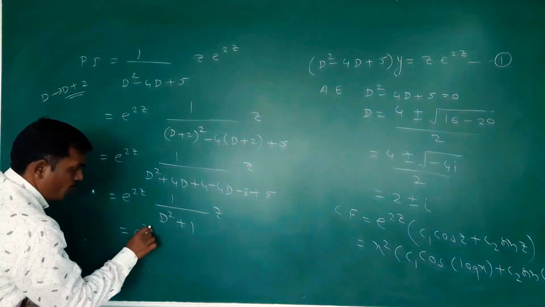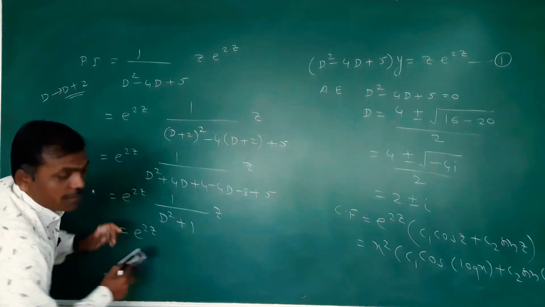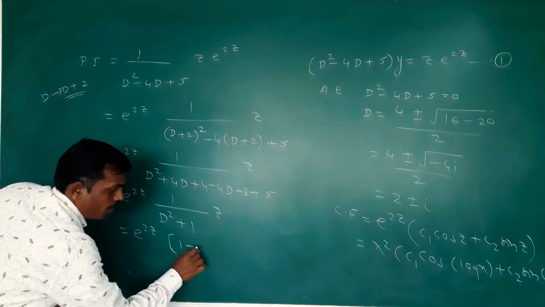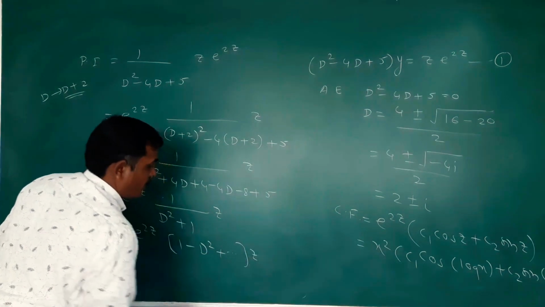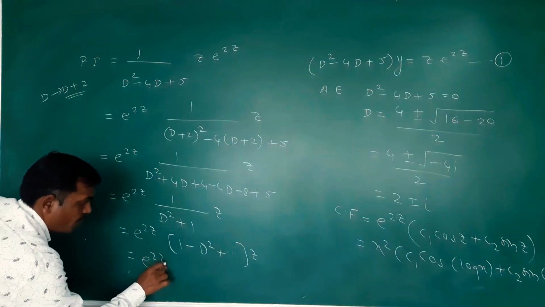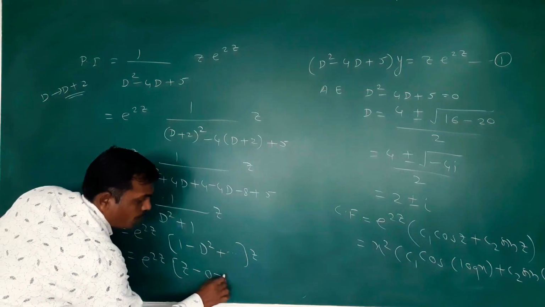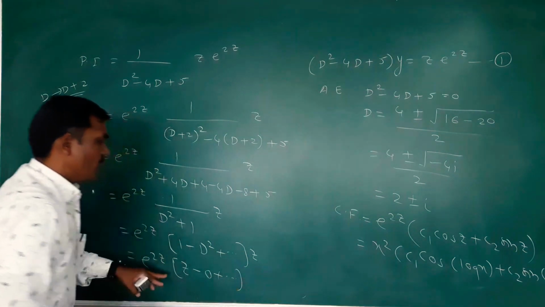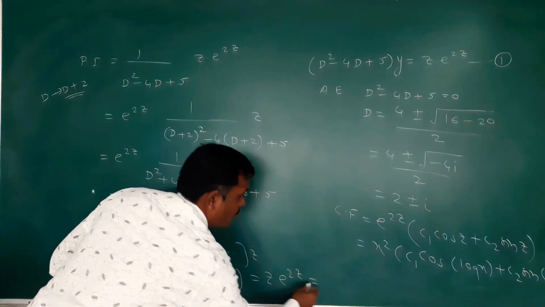So e raised to 2z, 1 upon 1 plus D square, it is 1 minus D square plus so on, operating on z. Shortcut method, you have to remember it, is equal to e raised to 2z, z minus the double derivative of z, which is 0, so the others are 0. So our answer is z e raised to 2z.